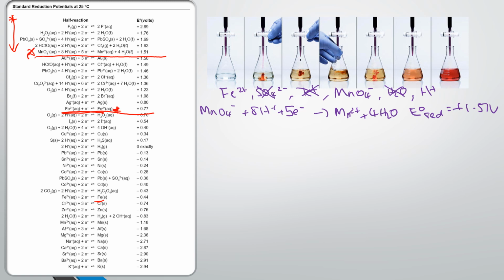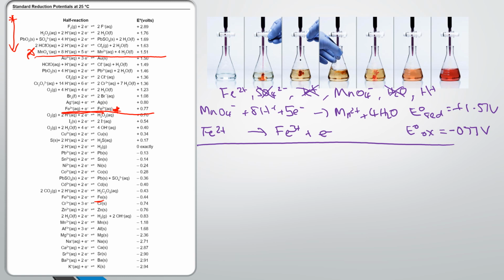So for this, iron 2 goes to iron 3 plus an electron. The E0 for oxidation is going to be negative 0.77 volts. So now we put them together.